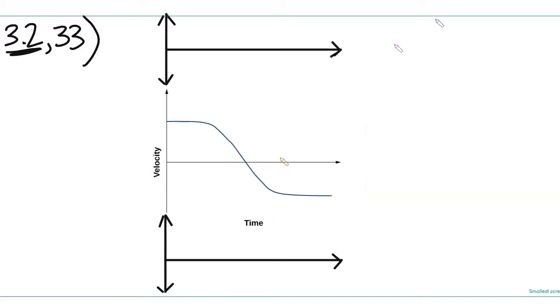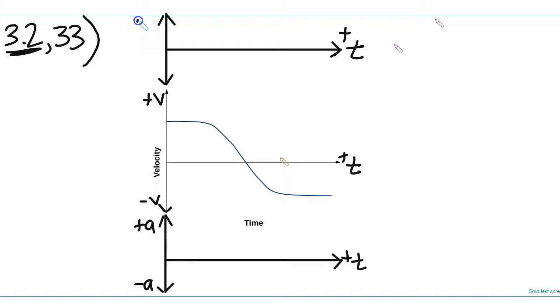So let's label these. Always a good idea to label. So I want this to be the time axis. So this is the positive time direction. And I want vertically upward to be positive velocity and negative velocity down here. For this graph, positive acceleration, negative acceleration.